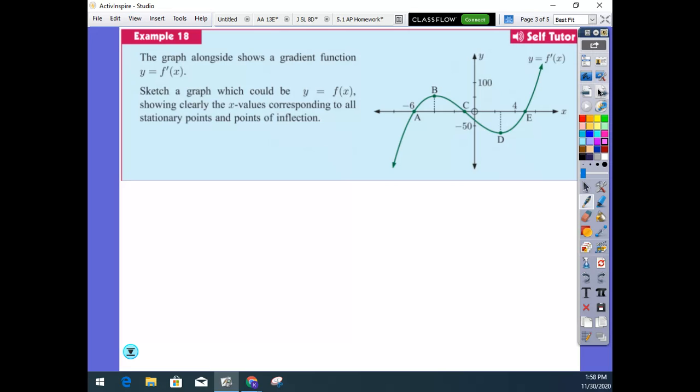So you always have to pay attention to what graph you're looking at. This is the derivative graph. They want us to go backwards and find what the original graph looks like. So, what are some main characteristics we can decide about the graph? The first thing I would notice, my x-intercepts of f prime of x, that's where f prime of x equals 0.